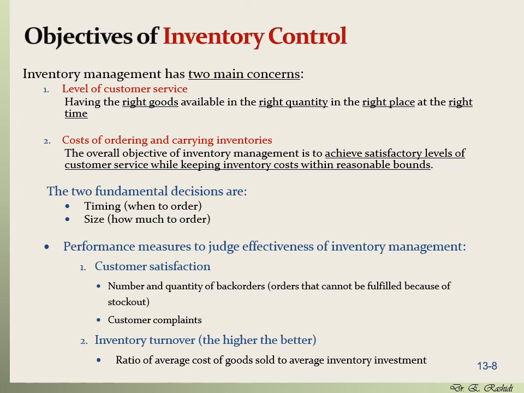The other one is the inventory turnover, where the higher the better, and that is the ratio of average cost of goods sold to average inventory investment. This is also another topic that we're going to talk about in more detail later on.